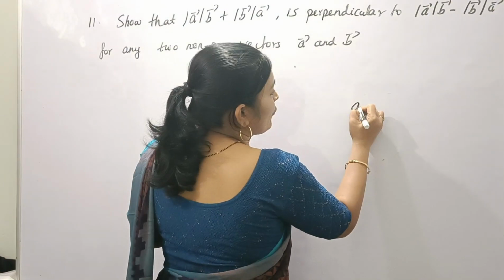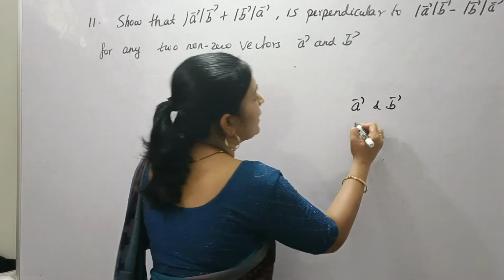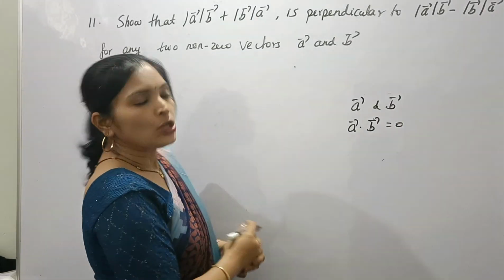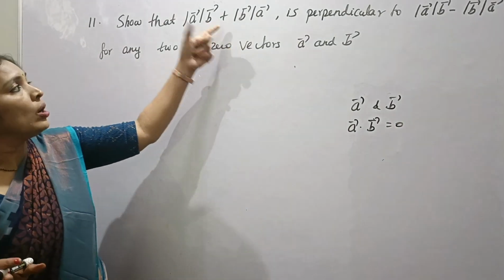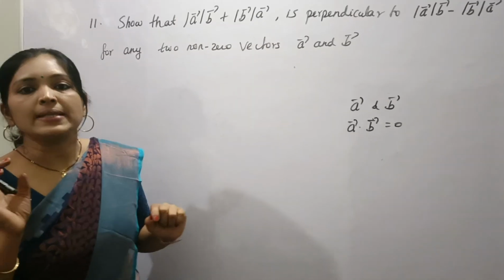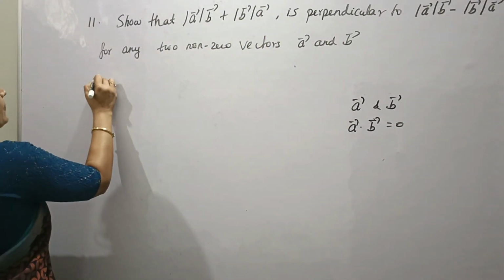Because we know that if vector A and vector B are perpendicular, then vector A dot vector B is equal to 0. So here we need to show the dot product of these two vectors is 0. For that, let's find the dot product of these two vectors.